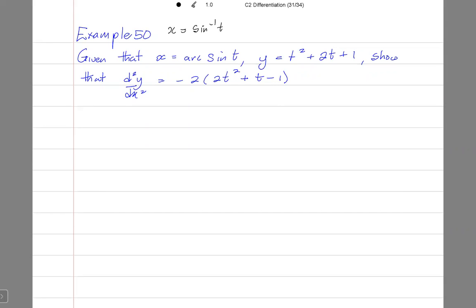So let's go. We have x is equal to sine inverse t. So dx by dt would be equal to 1 over the square root of 1 minus t squared. Y is equal to t squared plus 2t plus 1.